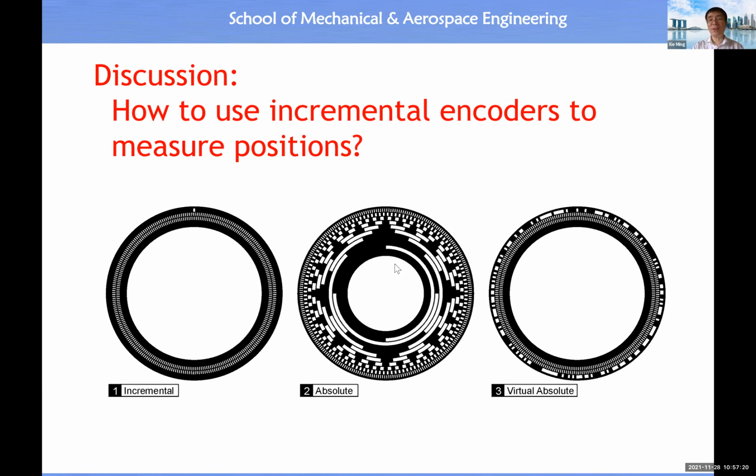So for example, if you have 13 photo detectors, then you create 13 tracks. But that is a challenge. If you increase the number of tracks here, the manufacturing or production of such a device requires very, very high precision. Okay, could we reduce the complexity?